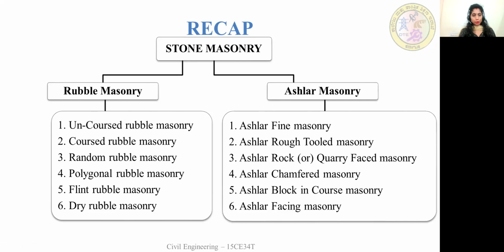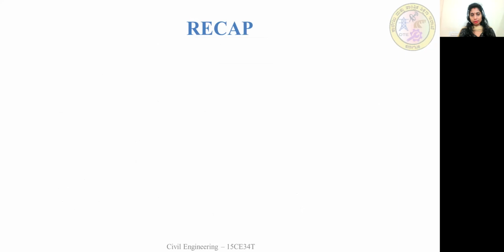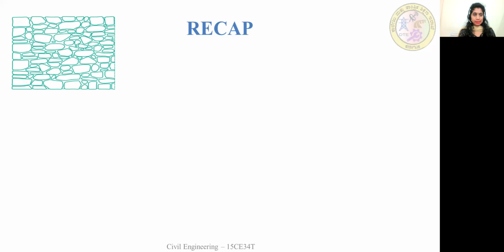I'll show you some pictures, not in order, just for revision. Guess which type of masonry this is. See this picture, which type of masonry is it? Uncoursed rubble masonry.